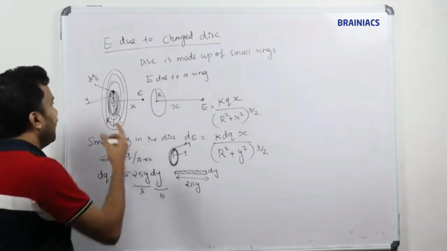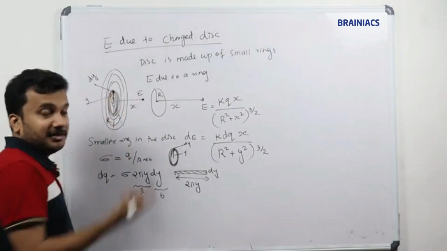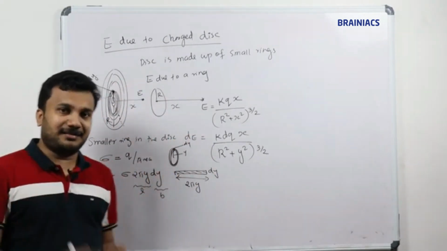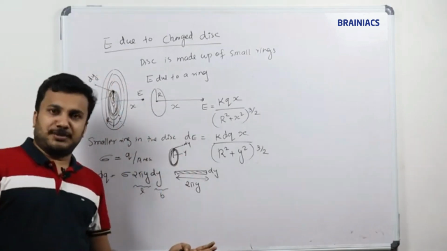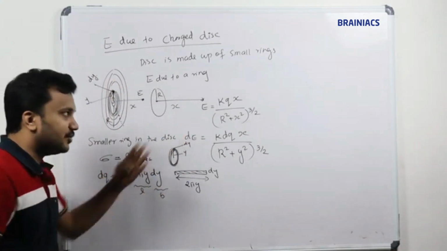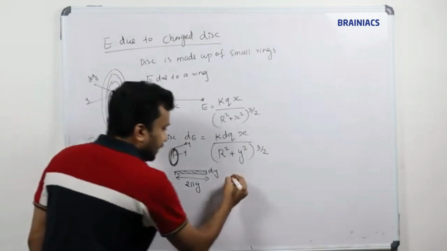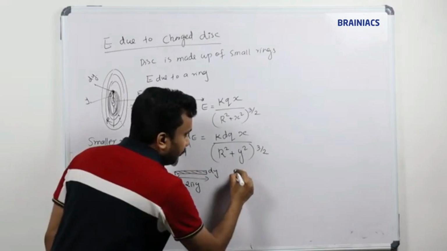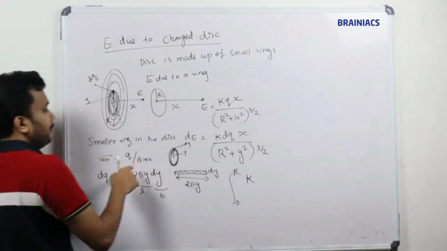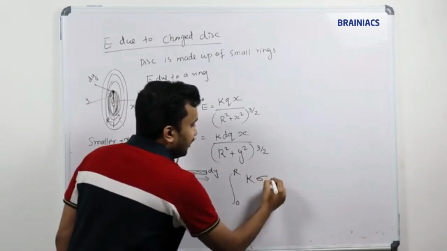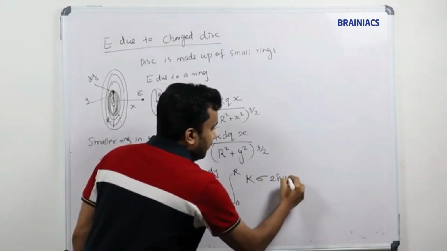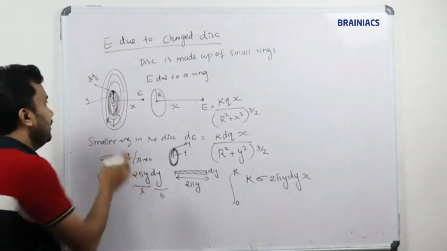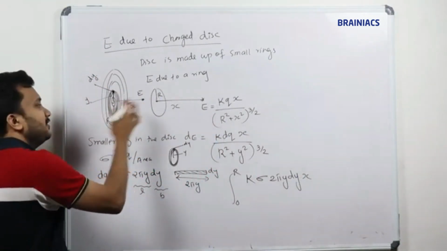I am not interested in getting it for a smaller ring, but for a bigger disk. So for the ring to disk transformation, I have to integrate this dE, from 0 to r, the full radius, of k into, instead of dq, sigma into 2 pi y into dy, into x. x is the distance and it is not changing, whether it is a smaller ring or a bigger one, it is always from the center.